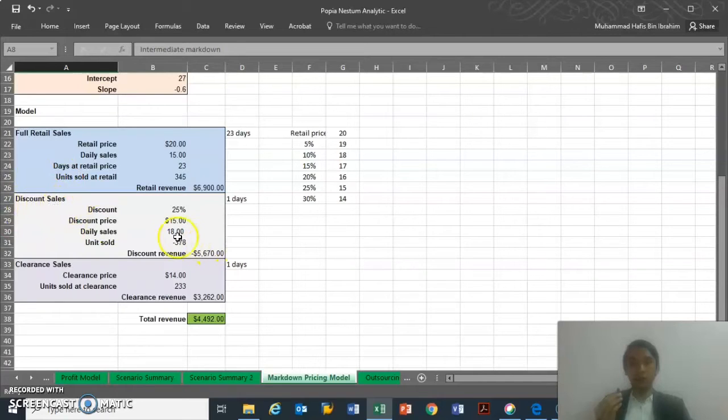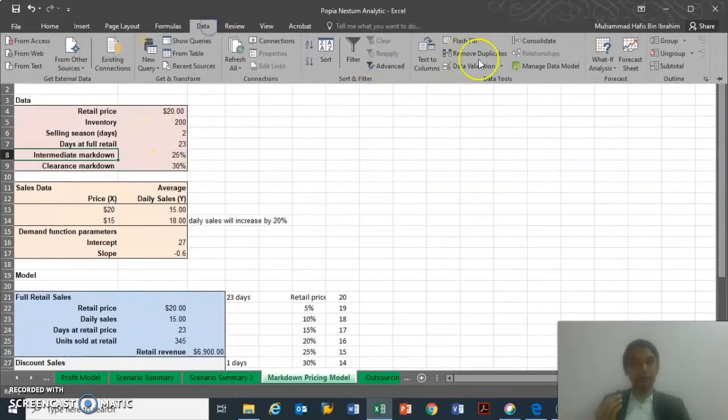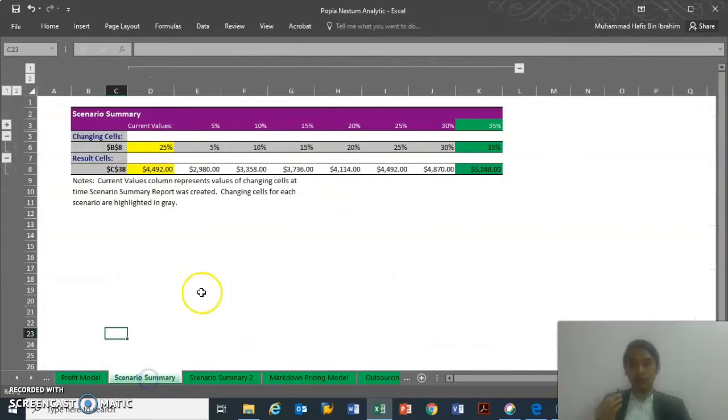My discount sale revenue is negative, so I have to change my discount rate. Which discount rate is the best for me? I have tested it using what-if analysis, scenario manager, and my scenario summary.